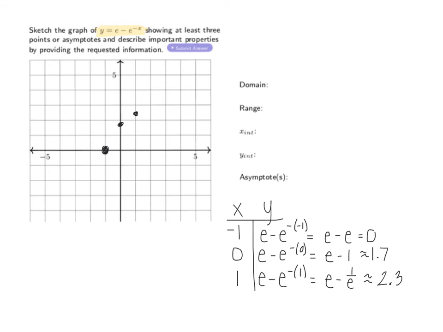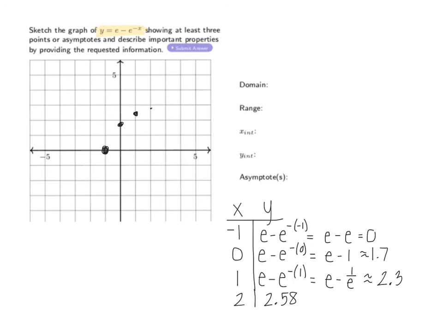I might actually pick one more point. Go ahead, plug in 2, see what you get. That's going to be e minus e raised to the -2. You're going to get 2.58.